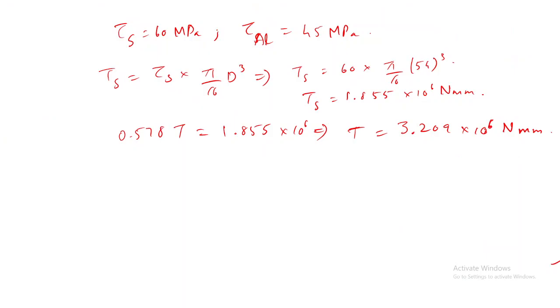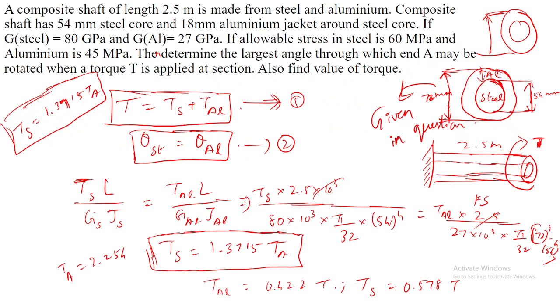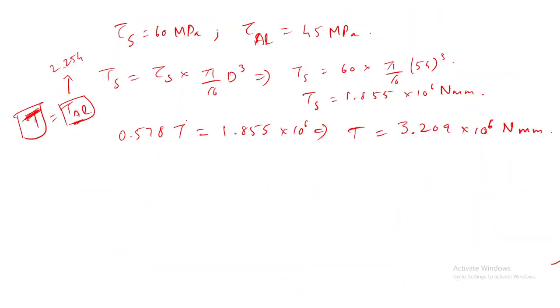So when you substitute, you will get the total torque T. Let's do your thing separately: 0.422 of T equals 2.254. Is it correct, right? Yes, sir. So from this, how much value of T are you getting?